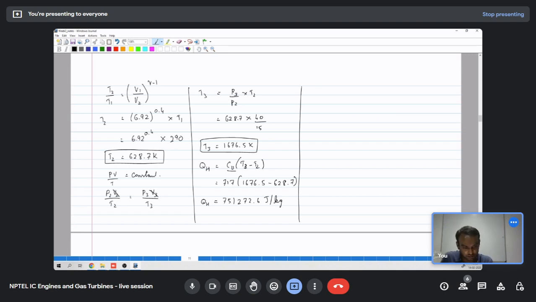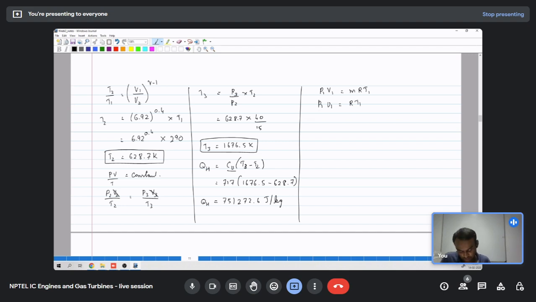So at the initial state we can calculate P1. We had P1 V1 equal to mRT1, or P1 times specific volume is equal to RT1.